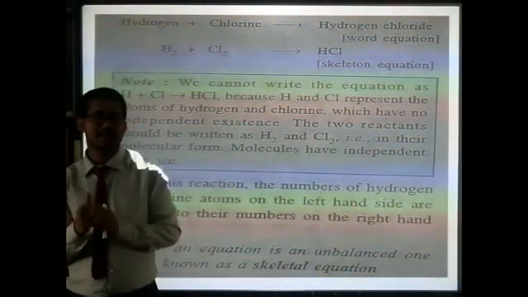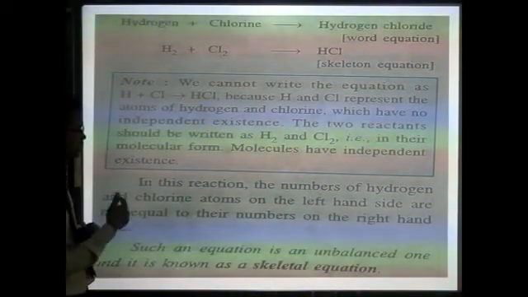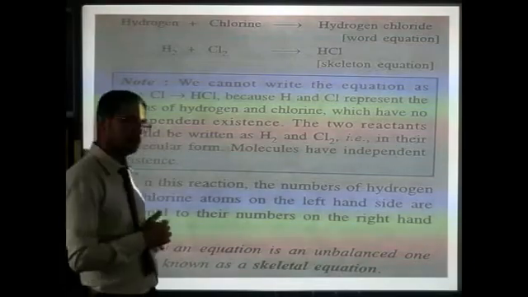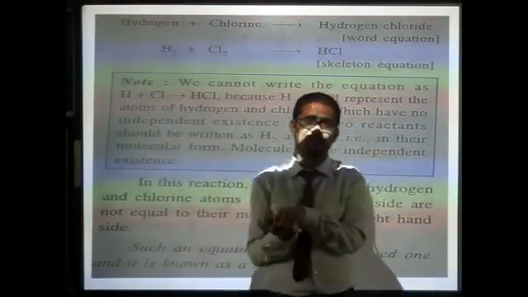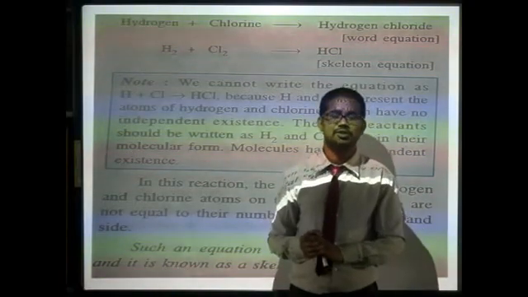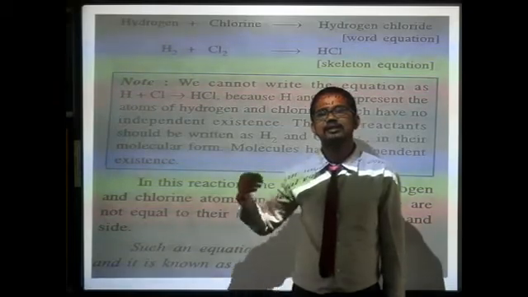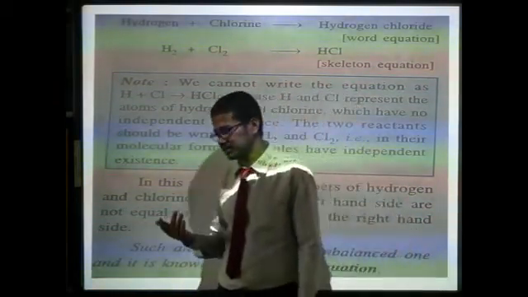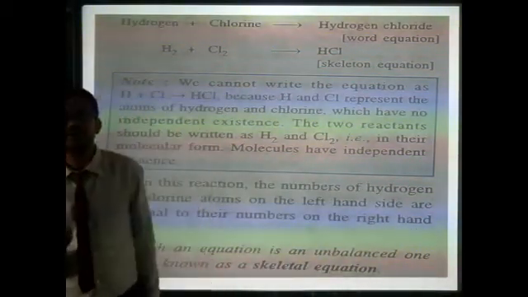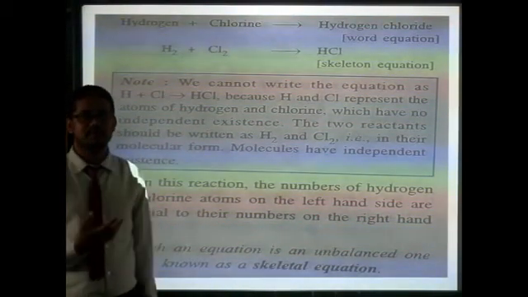So then what are skeletal equations? Equations which are unbalanced and are the direct symbolic expression of the word equation. That means a skeletal equation is the direct expression of the word equation into symbolic form.